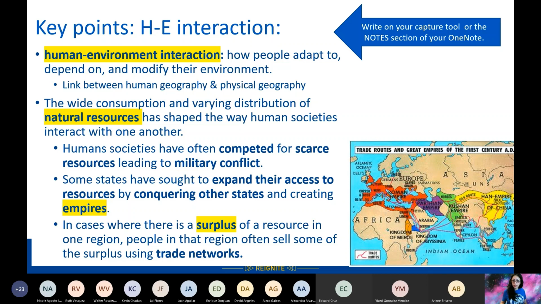There are some positive ways that this can happen too, though, in places where there is a surplus or extra of a resource. People in that place can sell the surplus, sell the extra, using trade networks. So trade networks are a very peaceful way for societies to deal with the problem of scarcity.